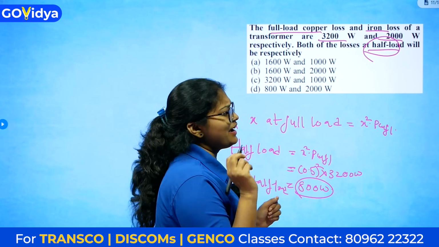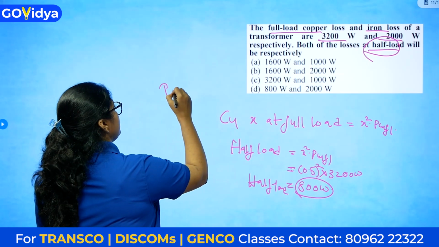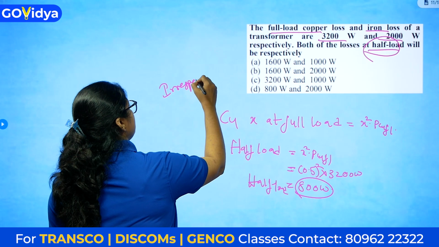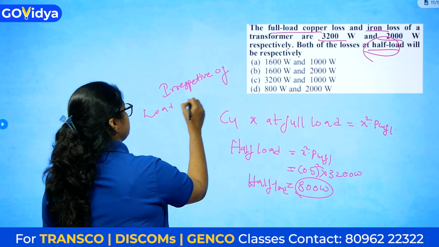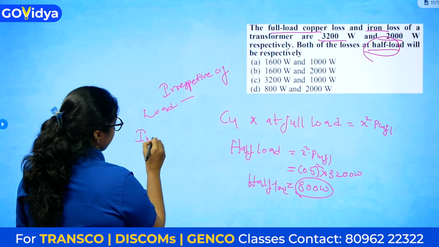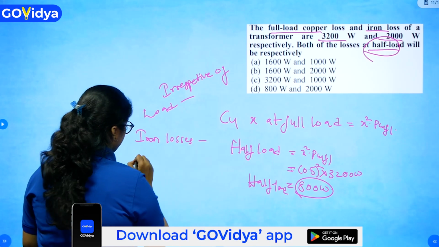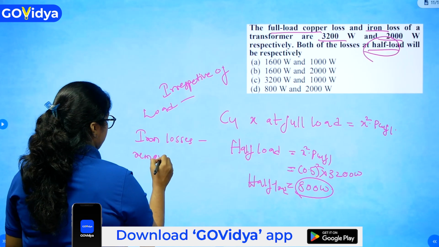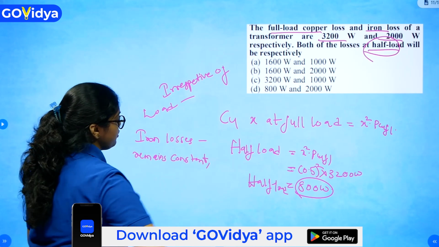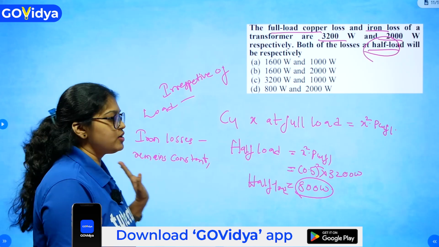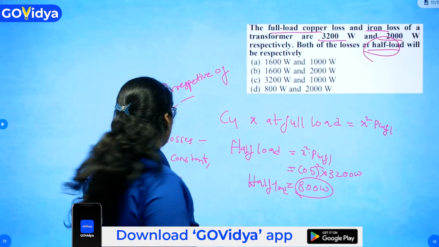Irrespective of the load, the iron losses will be constant, whether it is full load, half load, 3/4 load or any load.